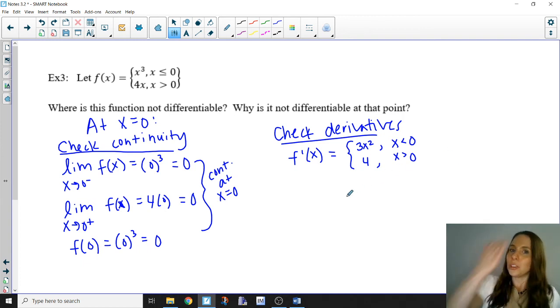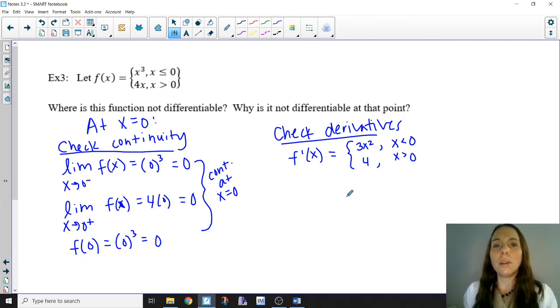Now, I'm going to show you some notation that I don't know if I made it up or not. I am pretty sure in my mind I've made this up, but then I actually think I saw it somewhere. What I need to do now is a left-hand derivative and a right-hand derivative at x equals 0, and I have these quick little shortcuts to do that, so I don't need to write left-hand limits and right-hand limits.